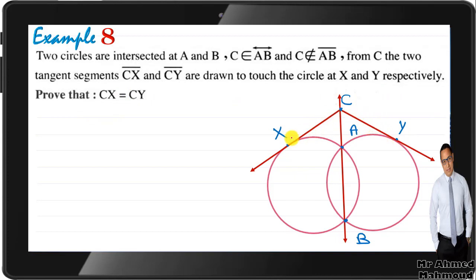Okay, since CX is a tangent, therefore CX power of 2 equals CA times CB.